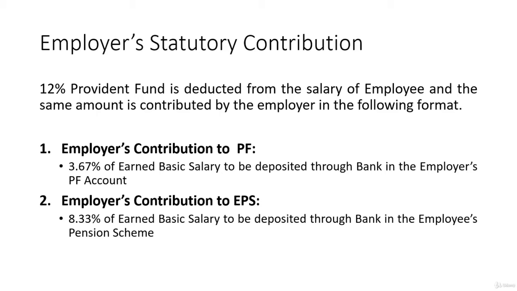In the employer's contribution, the employer contributes 3.67% of the employee's earned basic salary to PF and 8.33% to EPF. In this way, the employer contributes a total of 12% of the employee's salary, but right now it is deducted, and after that they can take the benefit.